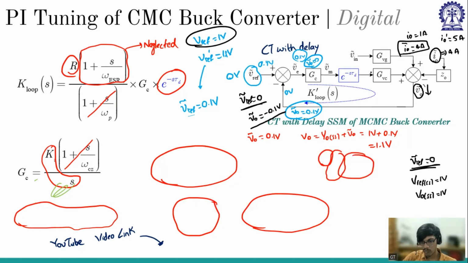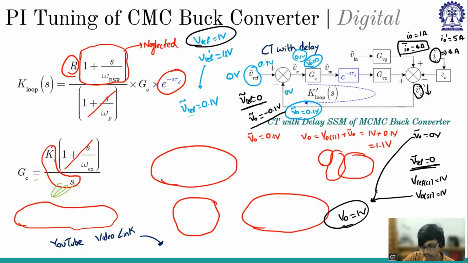So again, the loop will take care in such a way that it will reach a new steady state where my V0 perturb will become 0 again, because my V reference perturb is 0. V0 perturb 0 volt and steady state 1 volt is nothing but my V0 value still at 1 volt. But what is the change?